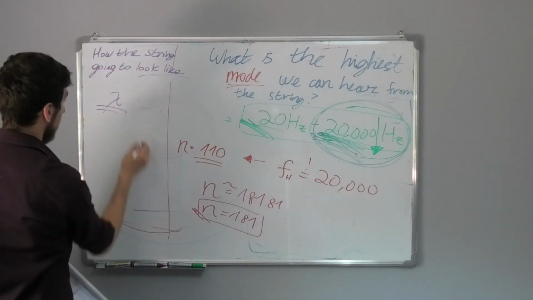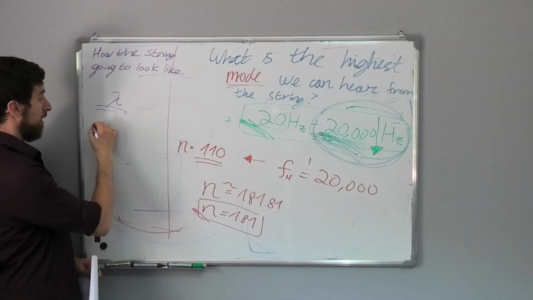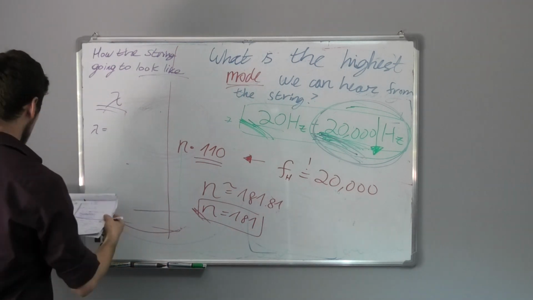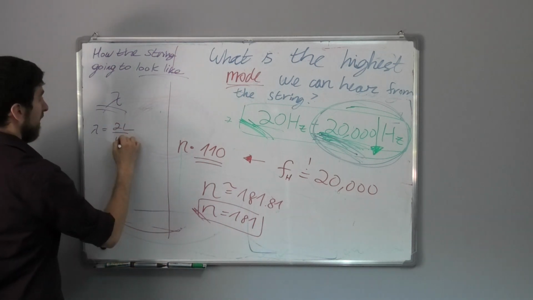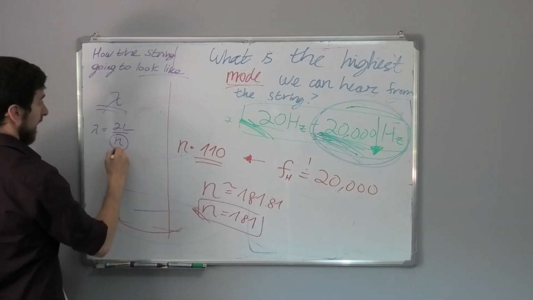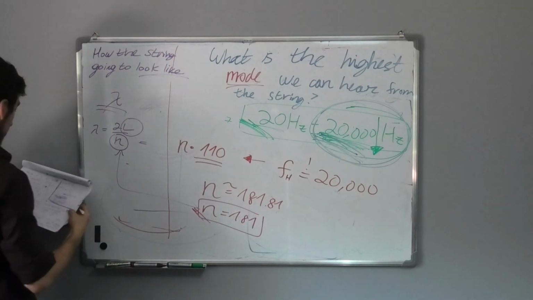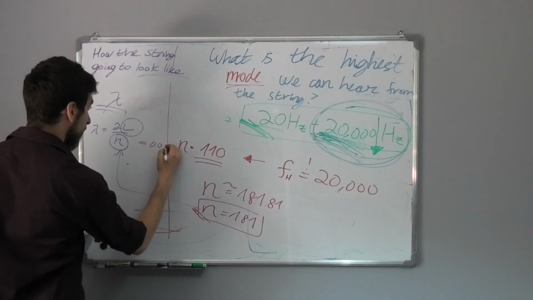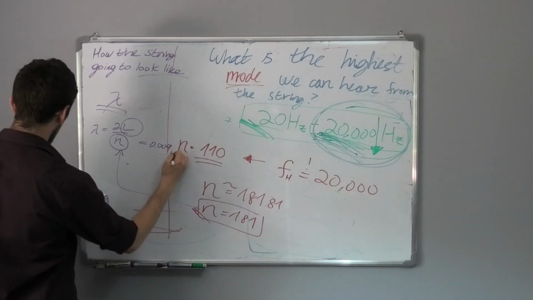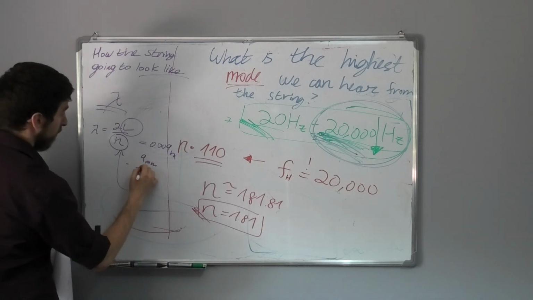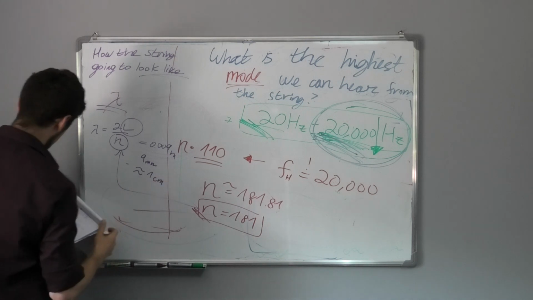So it's actually asking what is lambda. Lambda is equal to 2L over N, and we just found N, and L is given. So we're going to get that lambda is 0.009 meter, which means it's 9 millimeter, which is almost 1 centimeter.